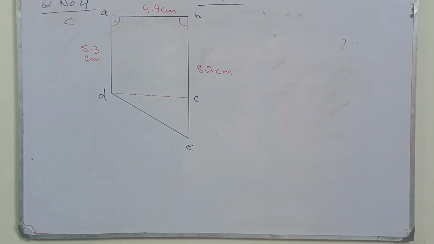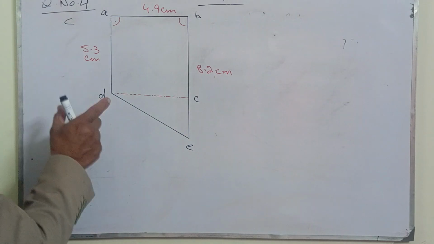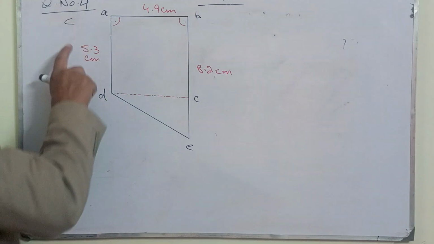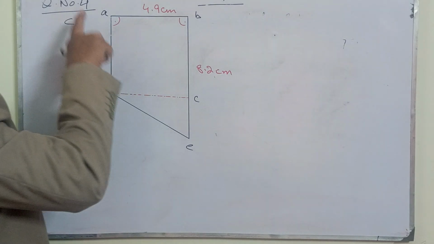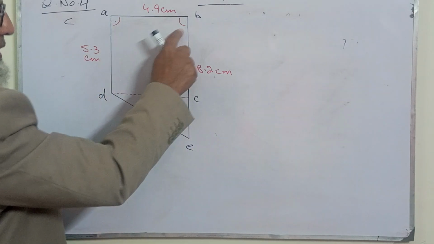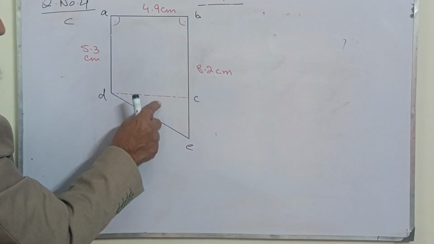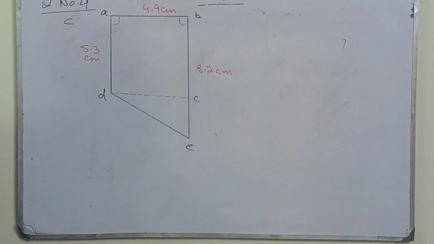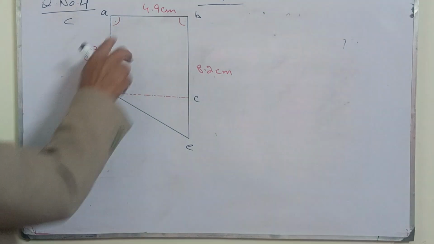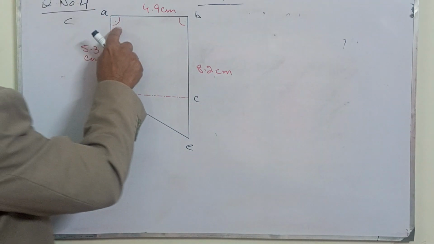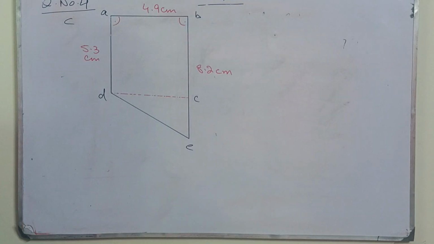So, my dear students, look at the figure now. Now you see that this is 5.3. So we just take this 5.3 only, because I have marked this parallel line over here. This line is parallel to this because of the two right angles, or you can say the perpendiculars.